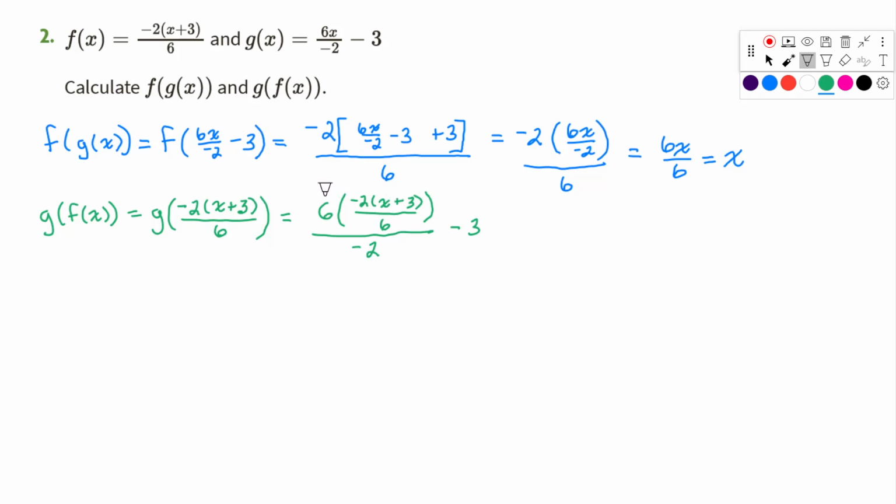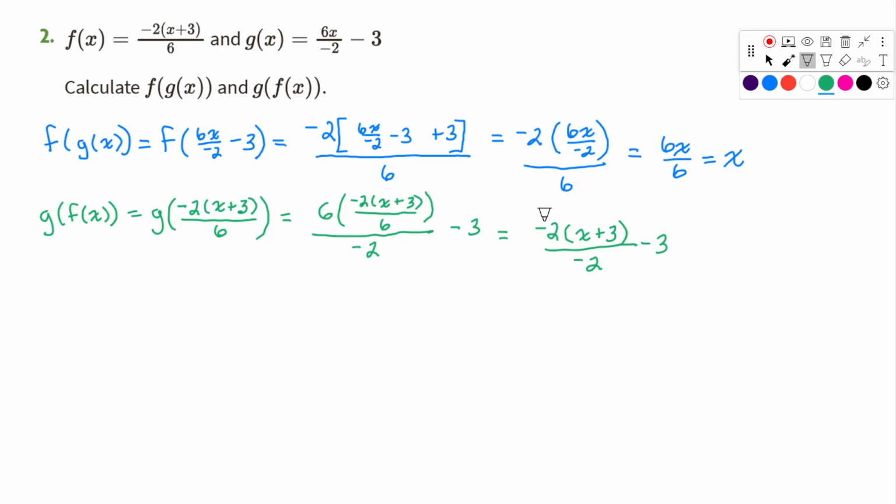Looking at my numerator, I have 6 times a fraction that has a denominator of 6. So this 6 will cancel with the denominator, leaving us with negative 2 times x plus 3 divided by negative 2, subtract 3 from that fraction.